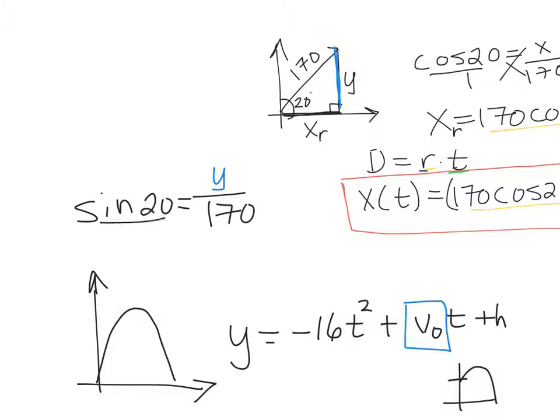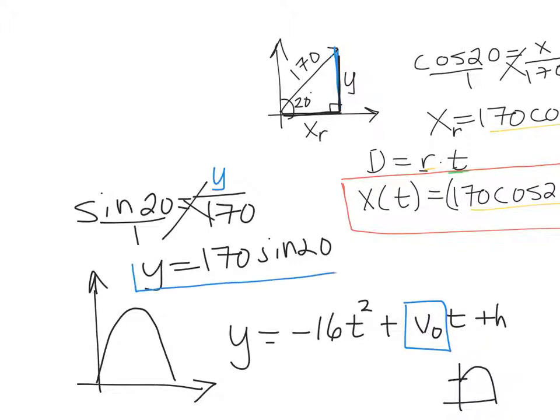And then we solve for y. So y equals 170 sine of 20. And that, remember here, our picture is all about velocities. So this is our velocity, our rate in the vertical direction. Okay, so that's what we're going to use to plug in there.